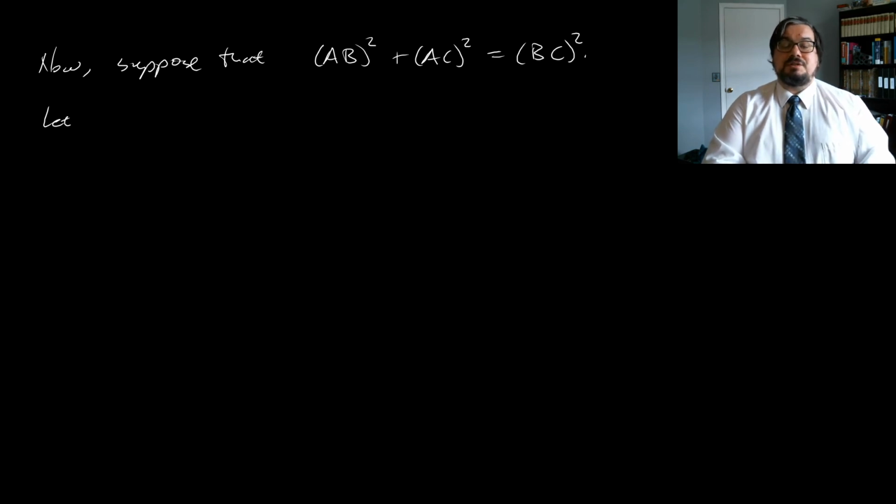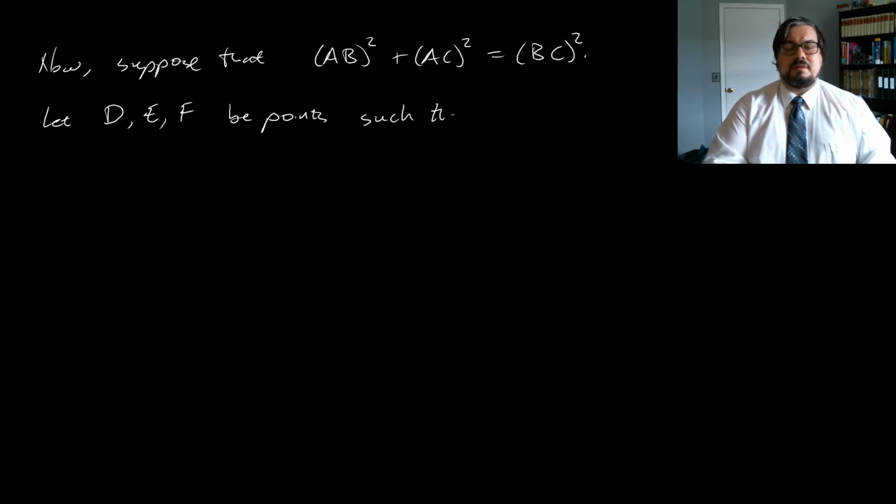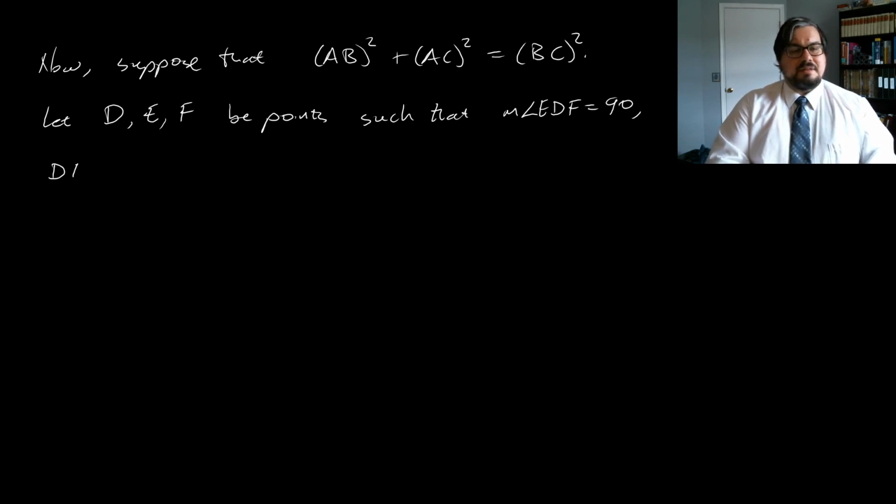So to do that, we're going to construct a right triangle with the same side lengths. So let's let D, E, and F be points such that the measure of angle EDF is equal to 90, the segment DE is congruent to the segment AB, and the segment DF is congruent to the segment AC.